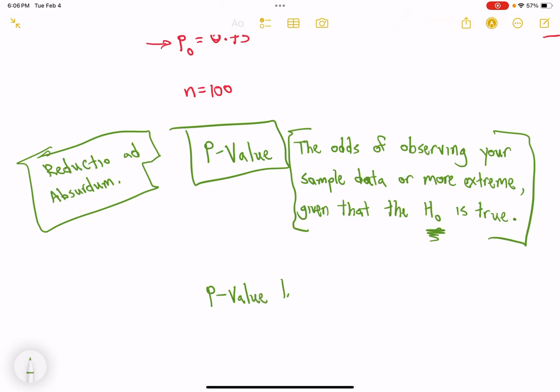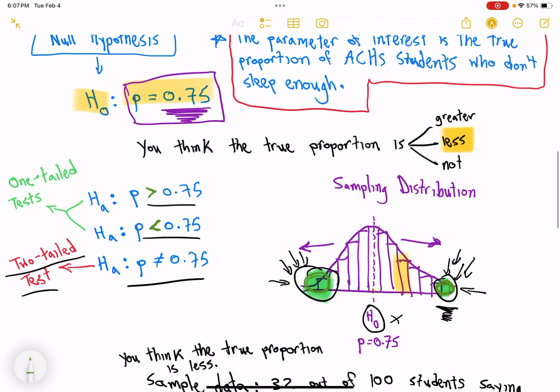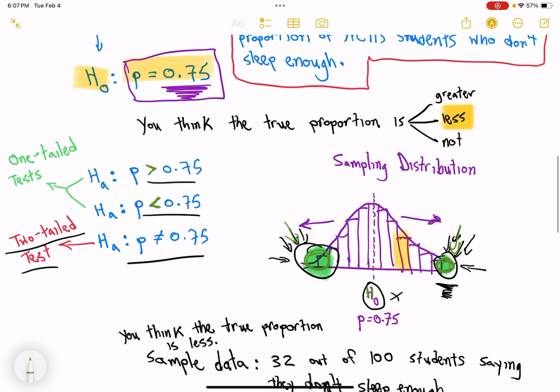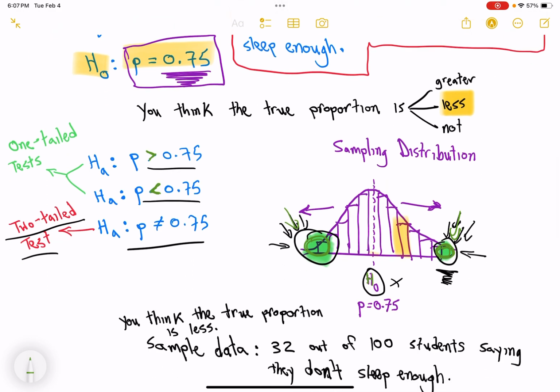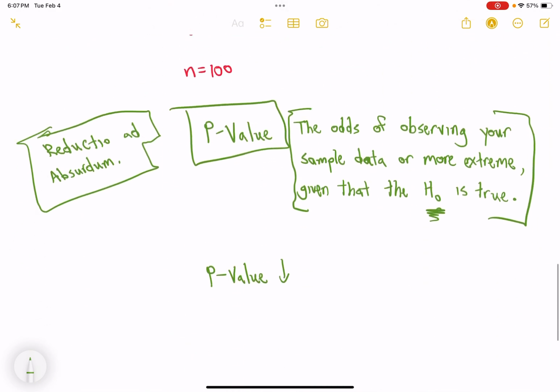So, a few things that you may be able to take away already. As your p-value gets lower and lower and lower, more and more extreme, smaller and smaller, either on the high end or on the low end, like we said, it can be on either end, either tail of the distribution of conceivable values where the null proportion or null hypothesis or null mean, as will be the case later on, is the center.